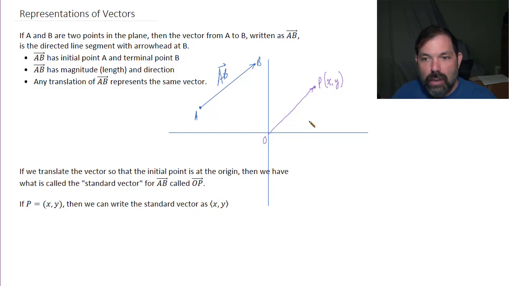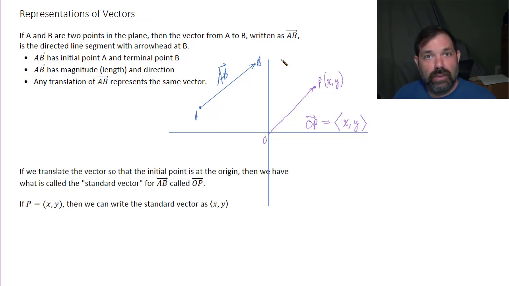So now the OP vector can be written in the form of a standard vector as ⟨x, y⟩. And notice that in this notation with these angled brackets, that's a representation of a vector.